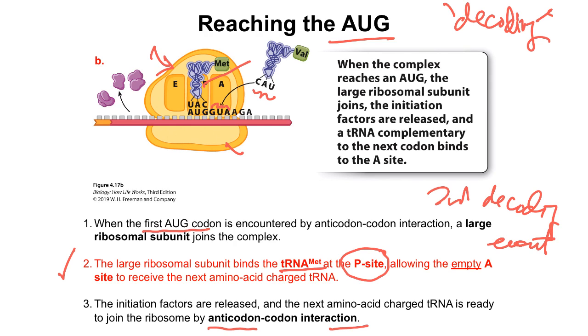And upon doing this, the initiation factors are released, and this now allows the ribosome to enter into the next stage of translation, which is called elongation.